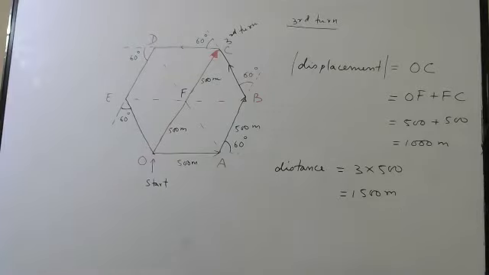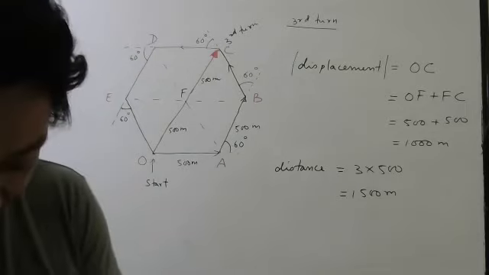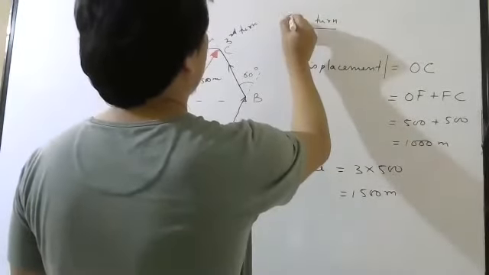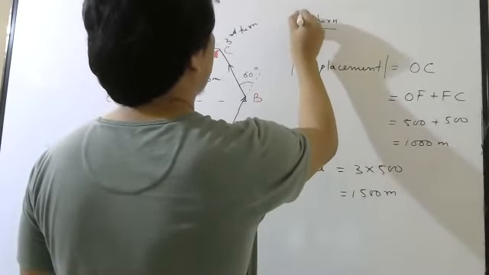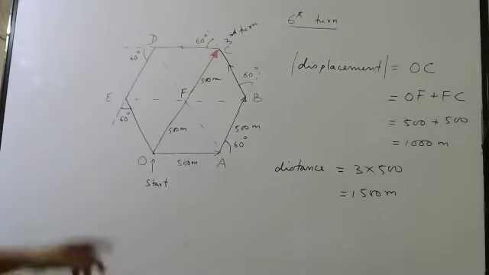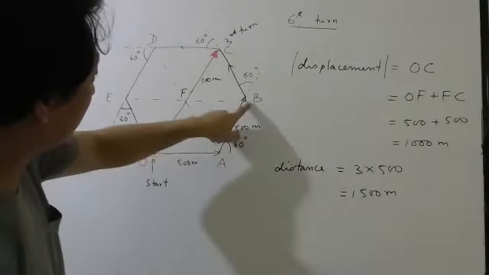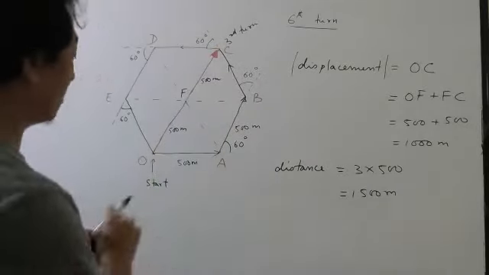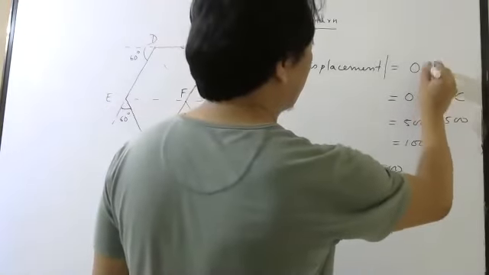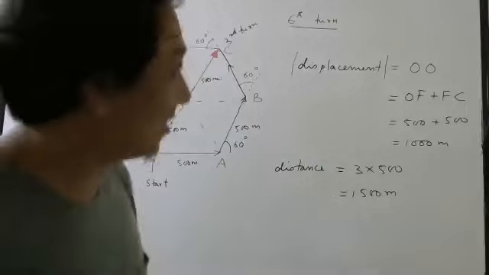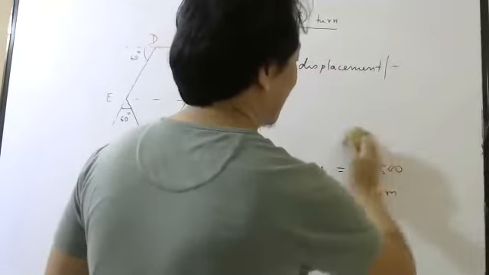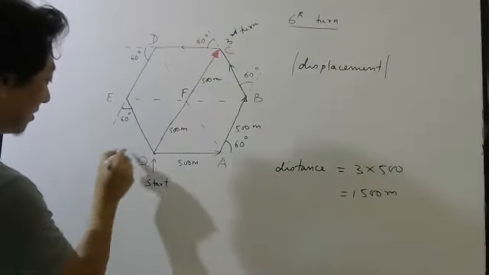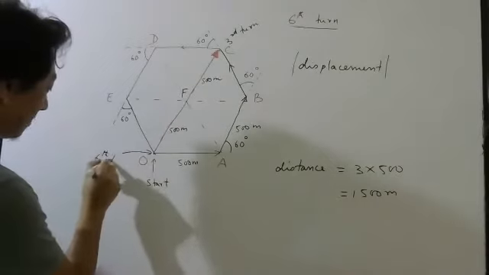Okay, fine. Now, next, for what turn did they ask? Sixth turn, right? Where will it be? Starting from here: first turn, second turn, third turn, fourth turn, fifth turn, sixth turn, back to here. So after the sixth turn, the displacement will be O to O, which is 0.